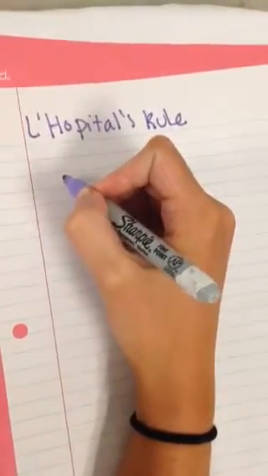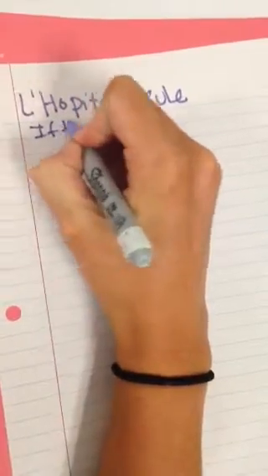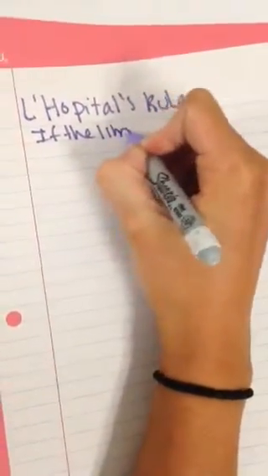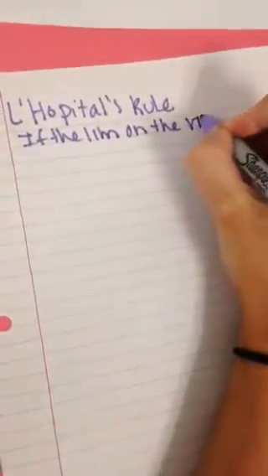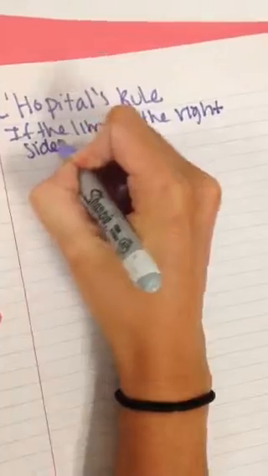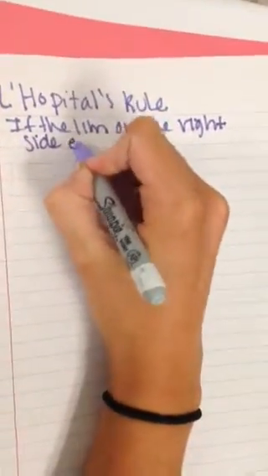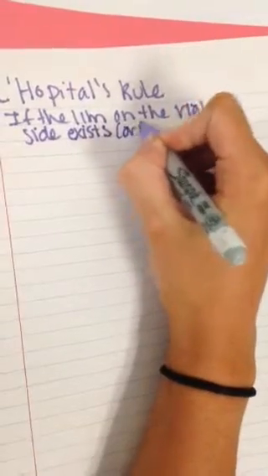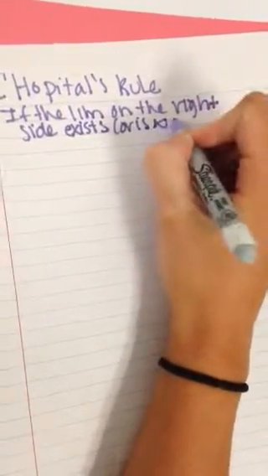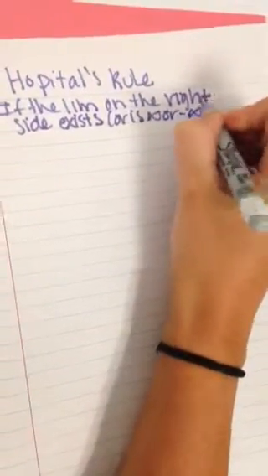Alright. So before solving with L'Hopital's rule, you have to figure out if the limit on the right side exists or is infinity or negative infinity.